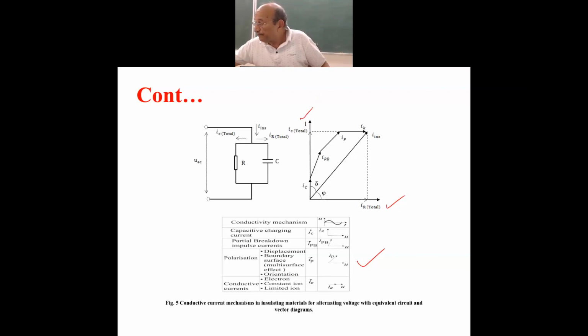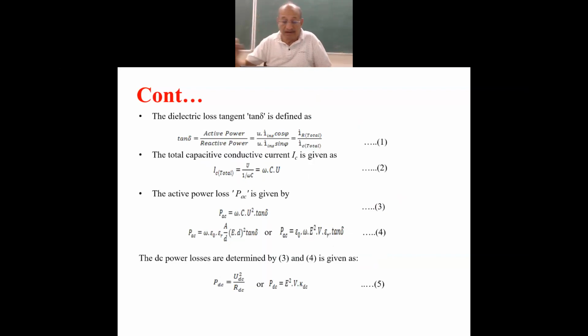So we derived that IC total is the charging current, the total capacitive charging current of any dielectric, because dielectrics form a capacitance, and it is given by omega Cu, and the IR total will be given by omega Cu into tan of delta.